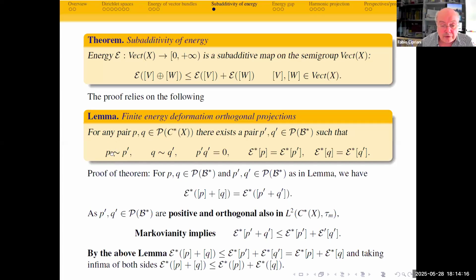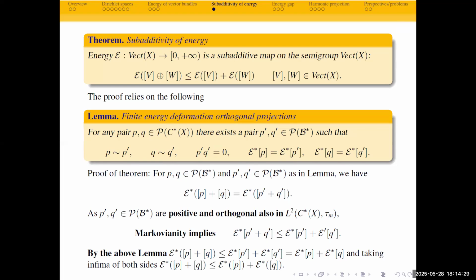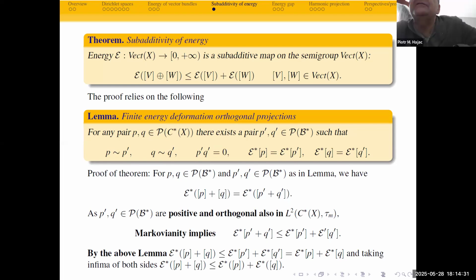So P prime is equivalent to P, Q prime to Q, and they are orthogonal.